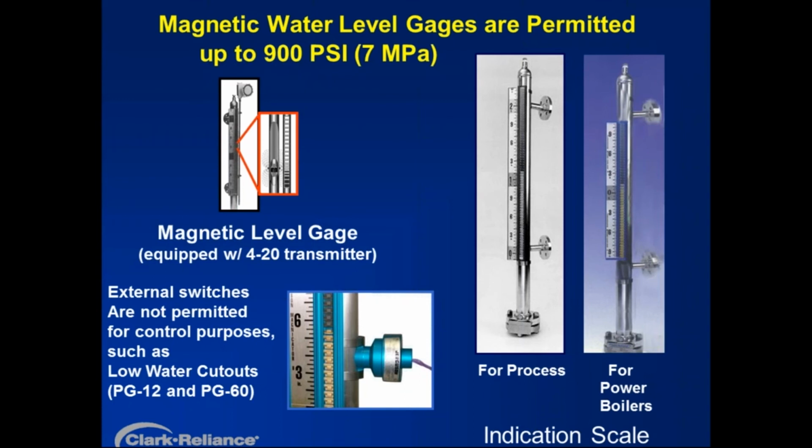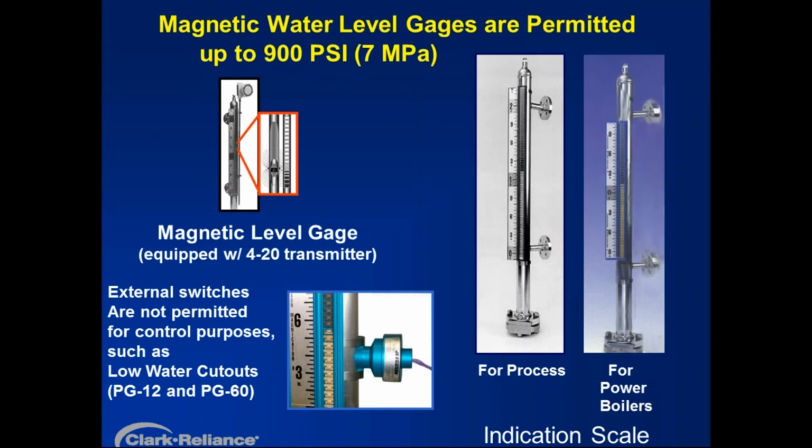And if someone were to casually mount the switch too low, they could accidentally have a switch mounted where the operator has no business operating the boiler. So to eliminate that risk, ASME does not permit the use of any switches on a magnetic level gauge for control functions. That's covered in PG12 and in PG60. Those are referenced to two separate sections within Section 1 of the code.